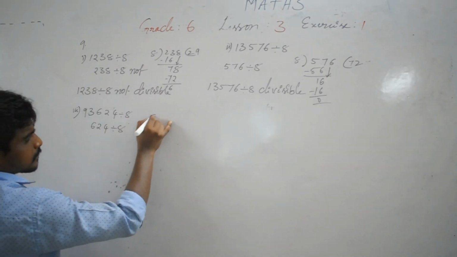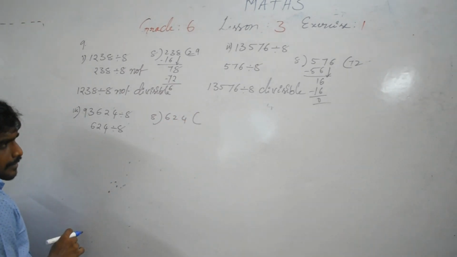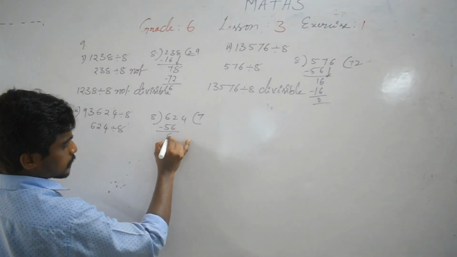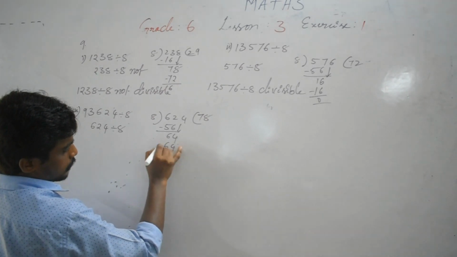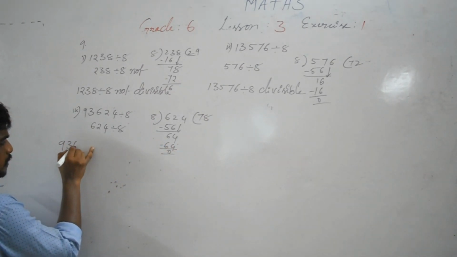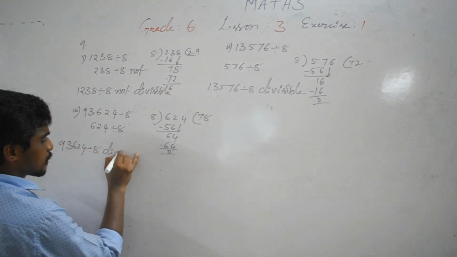Divisible or not divisible? 8 eights are 64, 8 sevens are 56, 6, 4. 8 eights are 64. Divisible. So 93,624 divided by 8 is divisible.